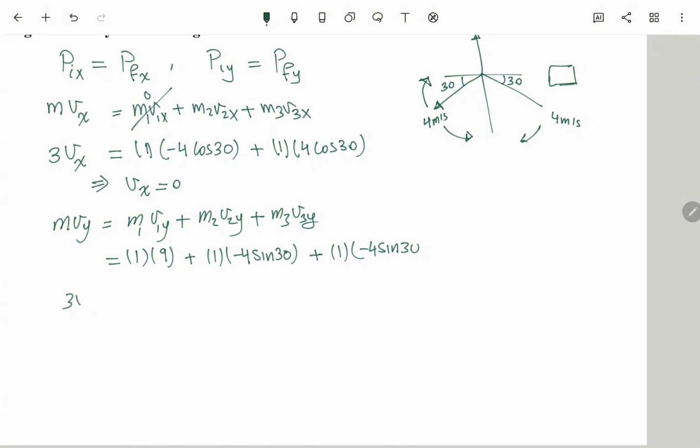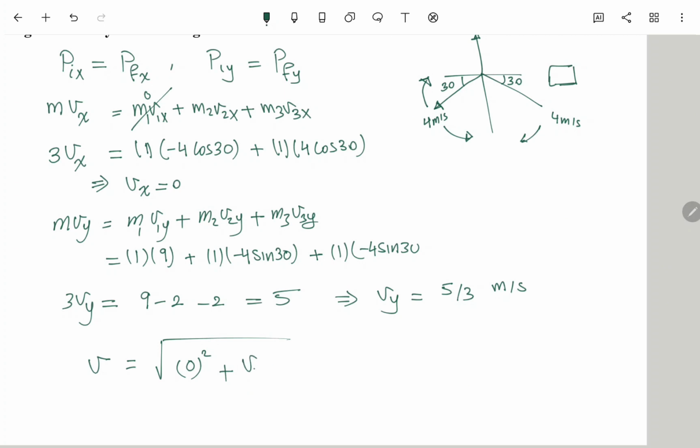So 3 Vy equals 9 minus 2 or 5, and from this Vy equals 5/3 meters per second. Now V will be equal to the square root of 0 squared plus Vy squared, or 5/3. In other words, V equals 1.66 meters per second.